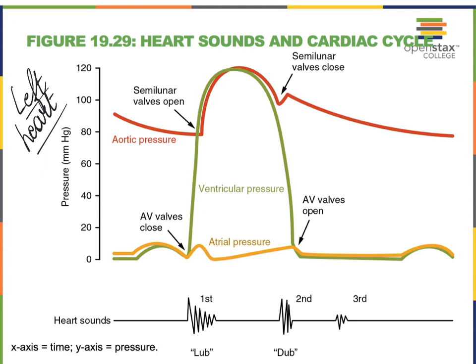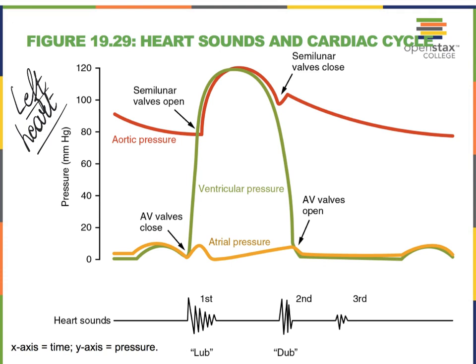Well, if we know where our lub and dub occur, then we already know where our AV valves close and where our semilunar valves close, because the lub represents the closing of the AV valves and the dub represents the closing of the semilunar valves.